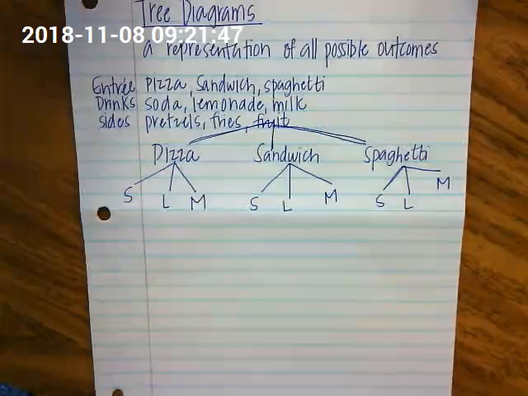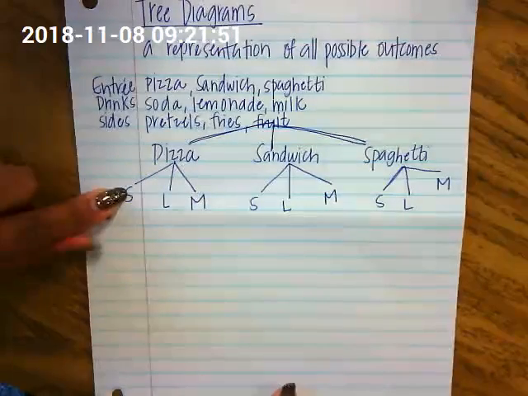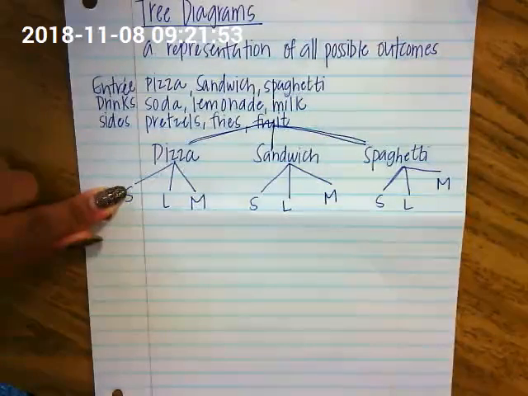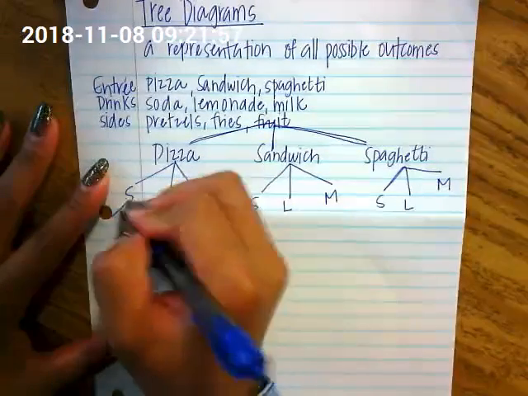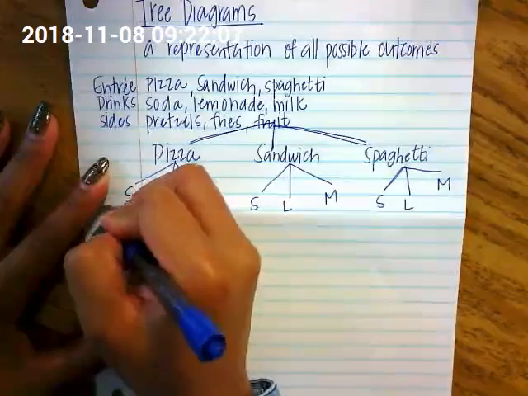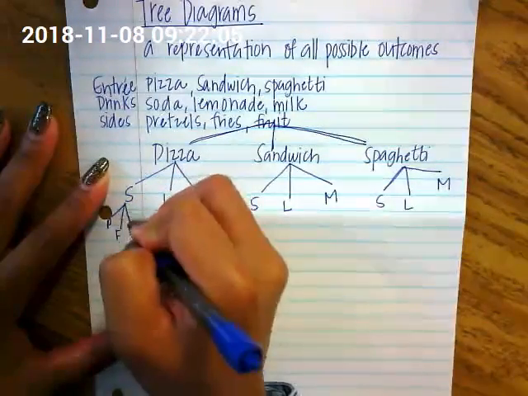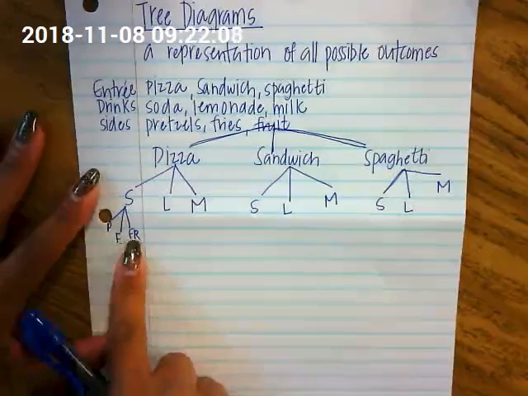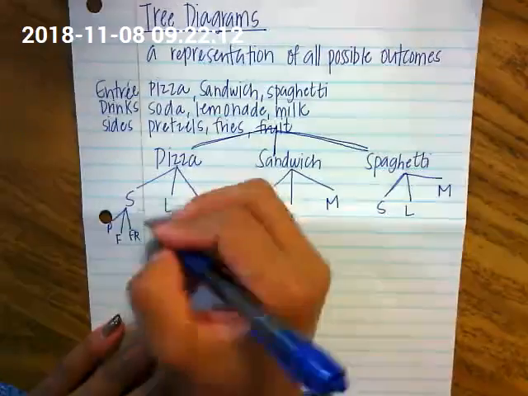What am I leaving off? The side. So now if I get pizza and soda, what sides can I get? Pretzels, fries, fruit. I put F for fries and FR for fruit, so I can differentiate between the two.